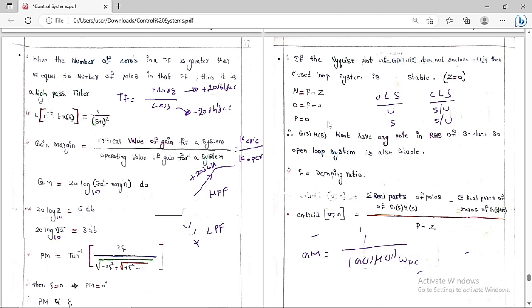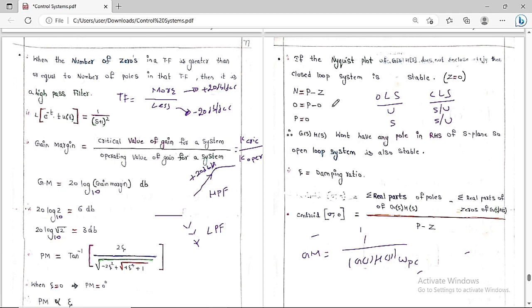This formula you always have to remember: N is equal to P minus Z, where N indicates the number of encirclements of the Nyquist plot in the G(s)H(s) plane at -1 comma j0.